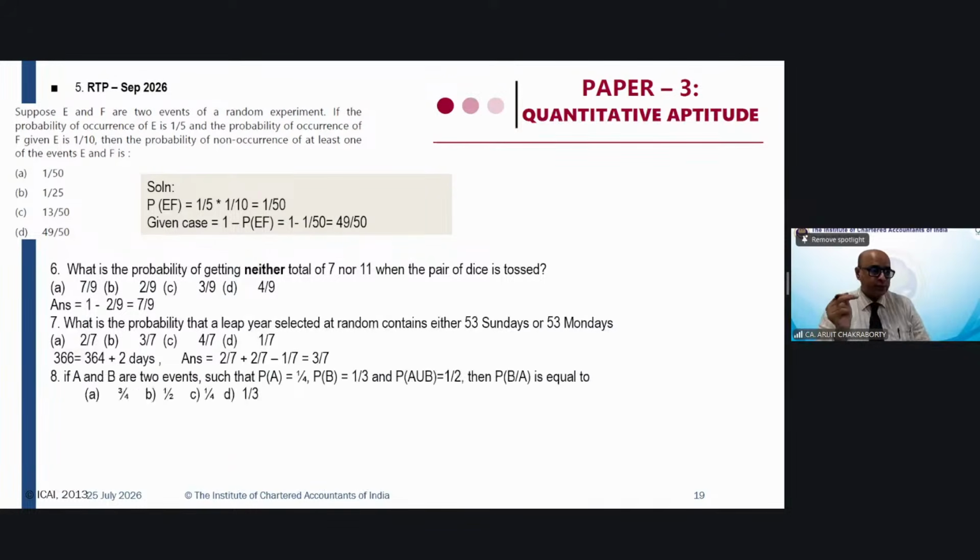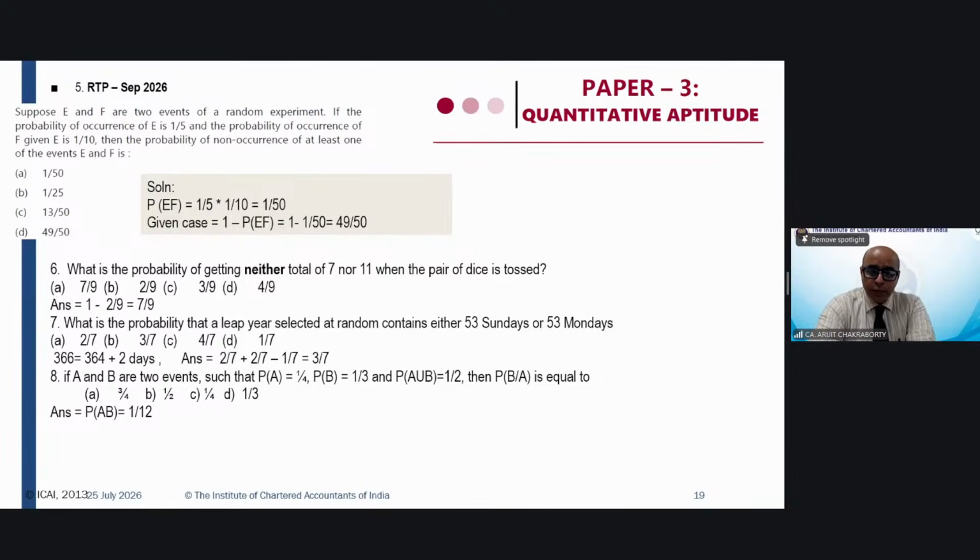This is also a very interesting question. Question 8, if A and B are 2 events such that P(A) is 1 by 4 and P(B) is 1 by 3, and P(A union B) is given, what is the value of P(B given A), that is P(B/A)? So for this question number 8 from the RTP September 2026, we first find out P(A and B). So P(A and B) is equal to how much?